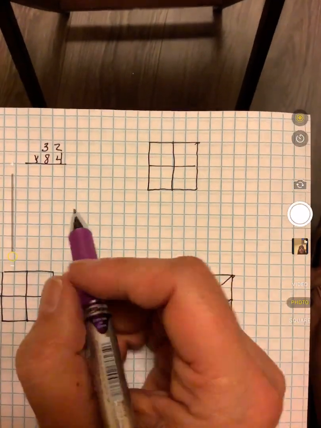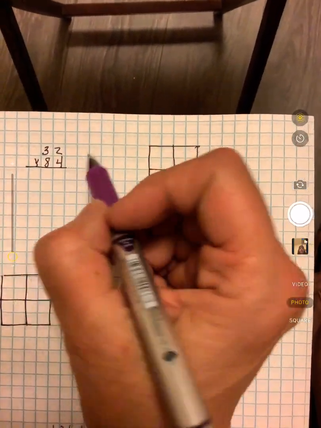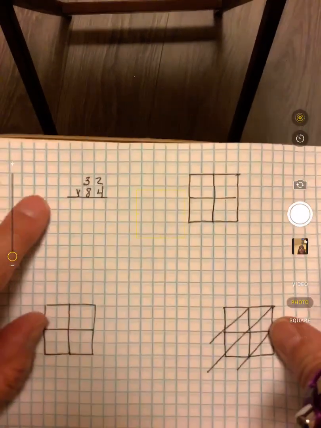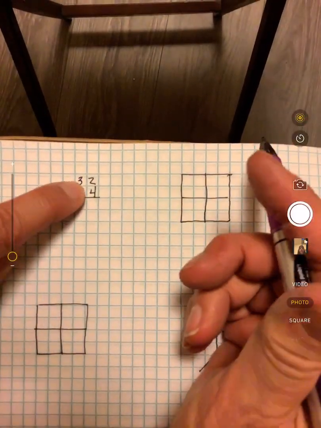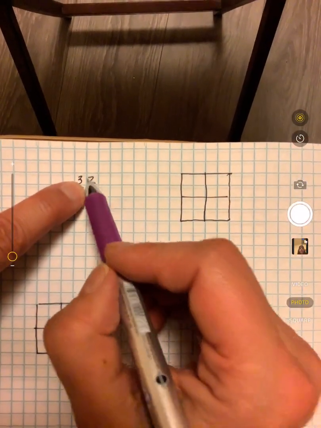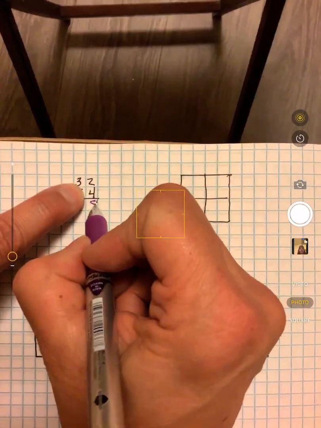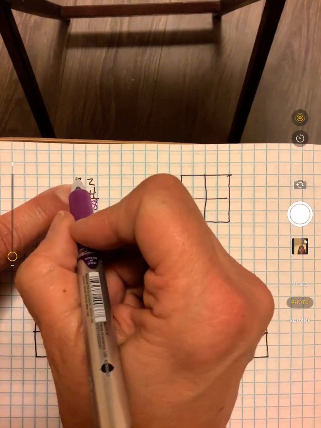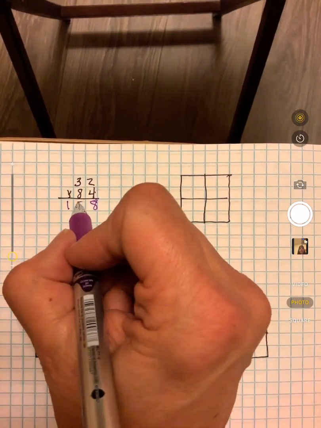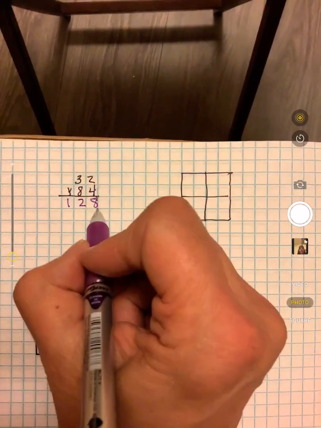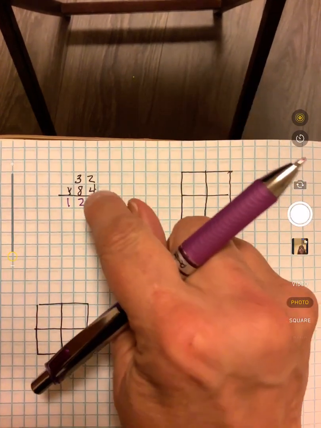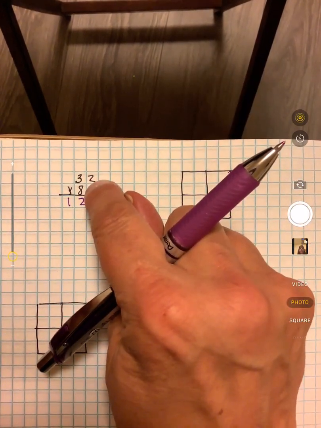Oh, there's my 84. Okay, so something else I showed you yesterday is if you cover up that number, you should be able to multiply that. 4 times 2 is 8. 4 times 3 is 12. Okay, we put the 0 here, and that might help with the 4. Cover up the 4.